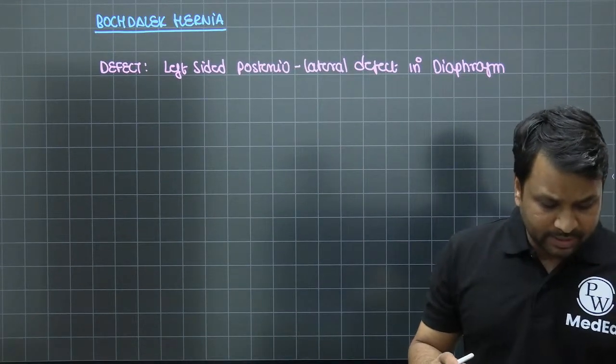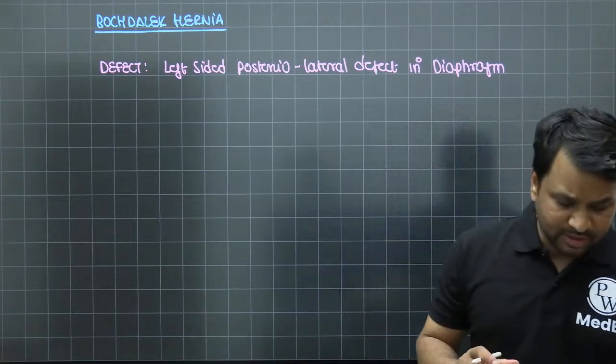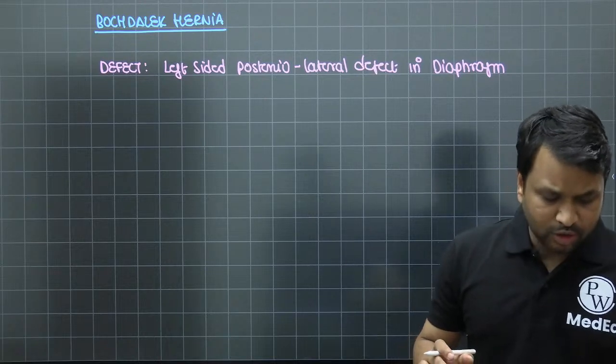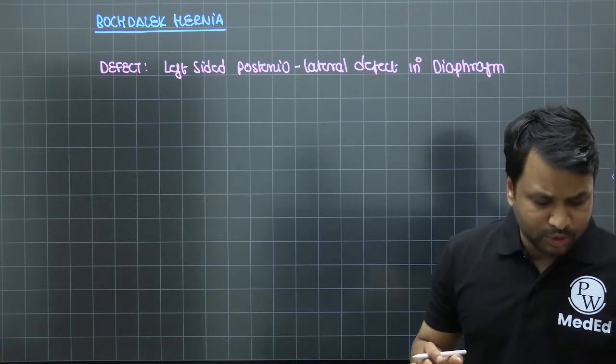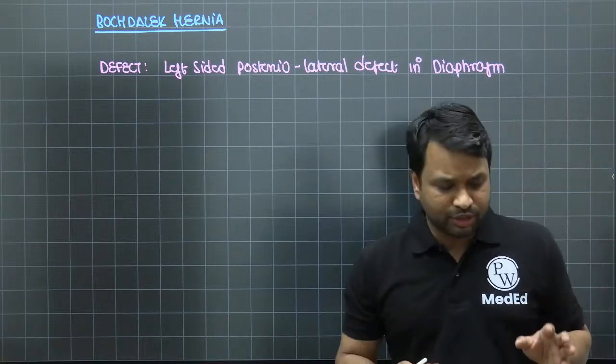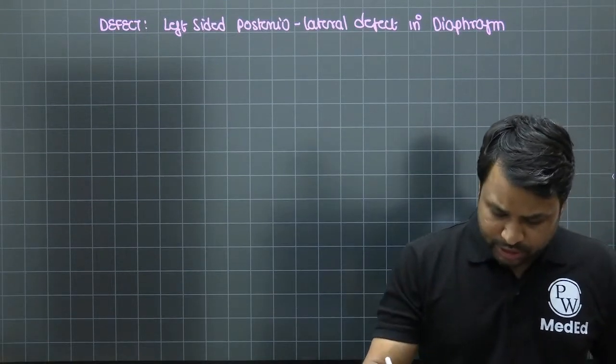Many times the question is how do you identify these defects and what is the exact objective behind it. To understand this, you need a sound understanding of the anatomical orientation of the diaphragm. Let's take this as the representation of the diaphragm.